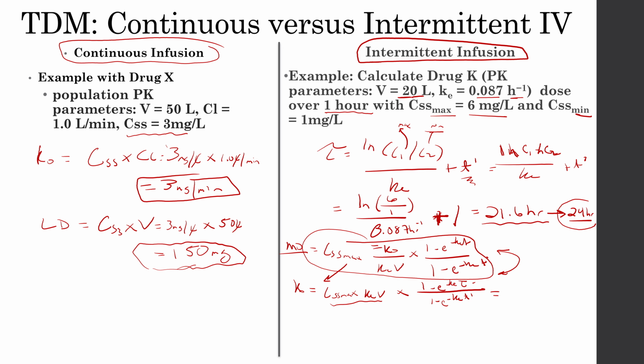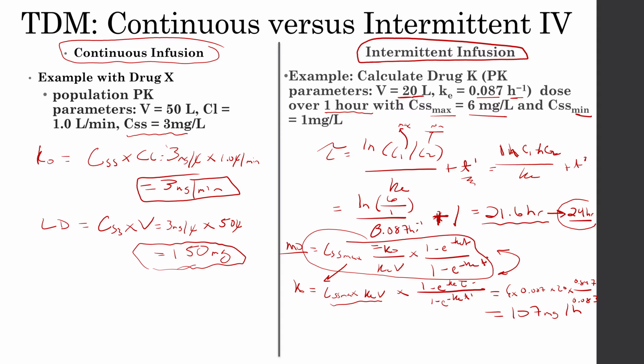And if you do all that stuff, kind of the roundabout numbers you get are 6 times 0.087 times 20 times 0.847 over 0.083. Computing that, you get 107 milligrams per hour, right?